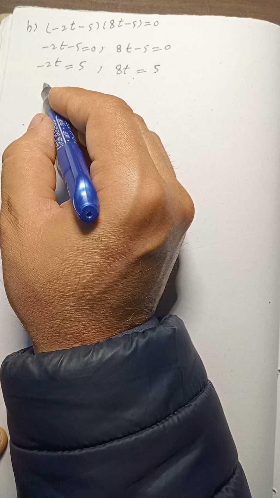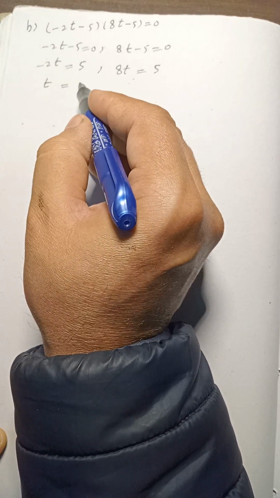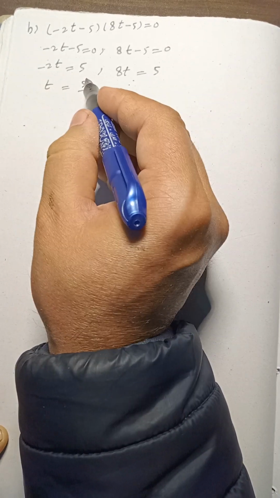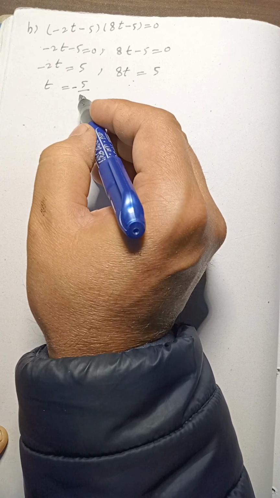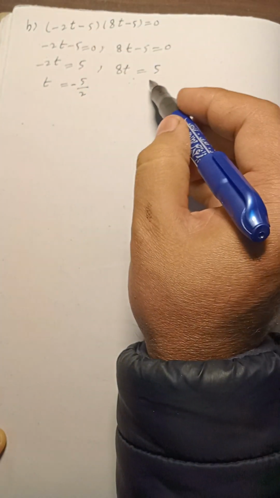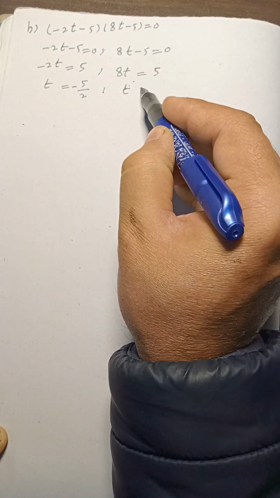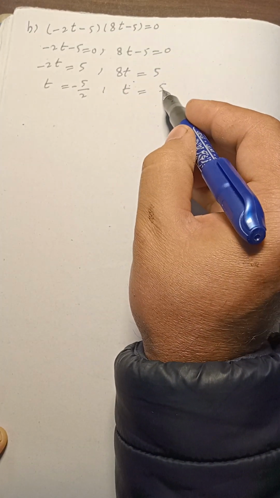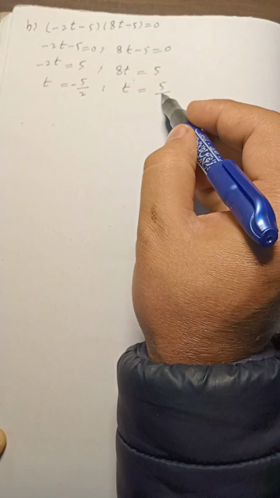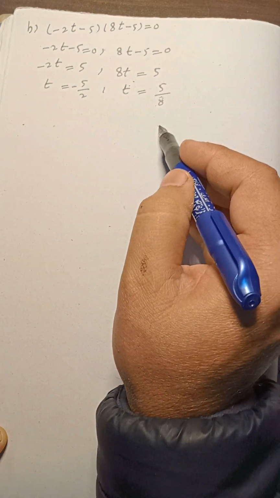Now t will remain here and 5 will be divided by this, minus will be written here and divided by 2, and on this side you will leave t here and 5 will be divided by 8, since 8 is being multiplied, it will be divided on the other side.